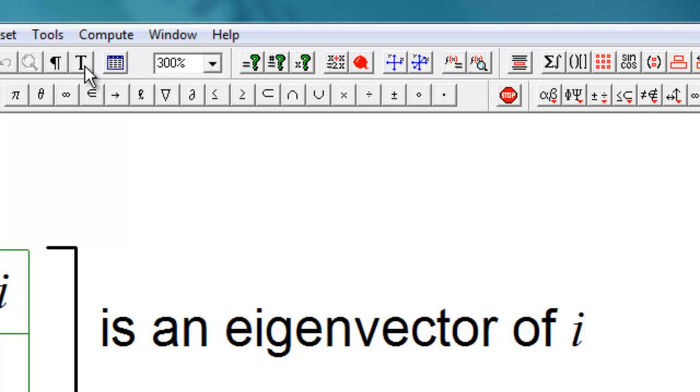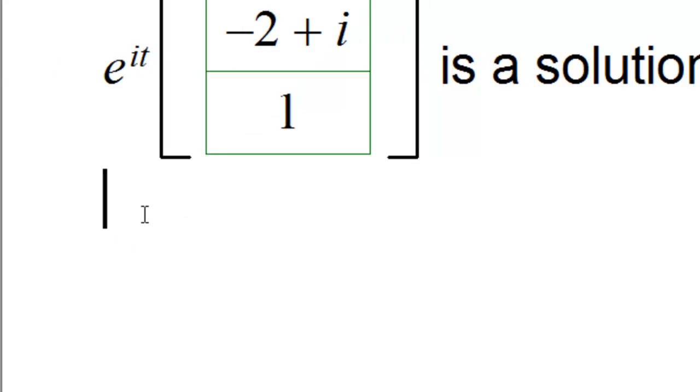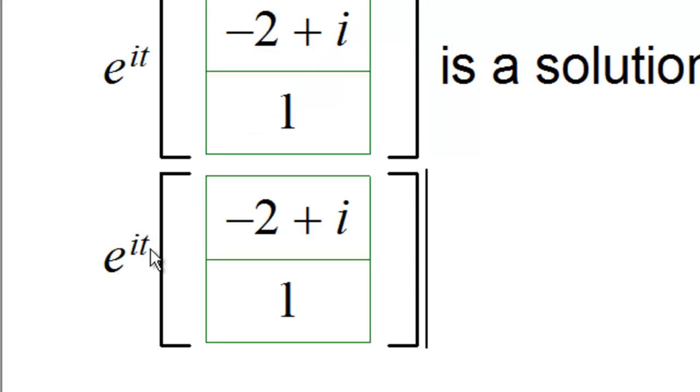What we will do, the way you saw theoretically, is that we will multiply it out, split it as real part and imaginary part, and they will give us two linearly independent solutions, right? Okay, good. So now this e to the it, by Euler's formula, becomes what? Remember that?